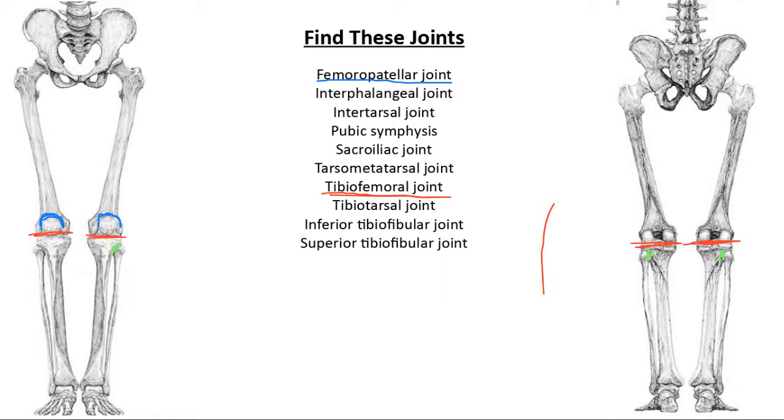And this particular joint, highlighted in green, is where the tibia is interacting with the fibula. Now, this is the place where the tibia and the fibula interact that's up higher. So my options are either superior or inferior. Which of those words meant that it was up higher? Superior or inferior?